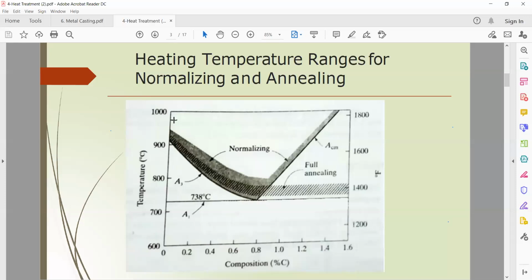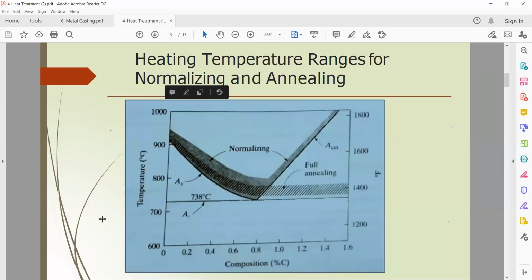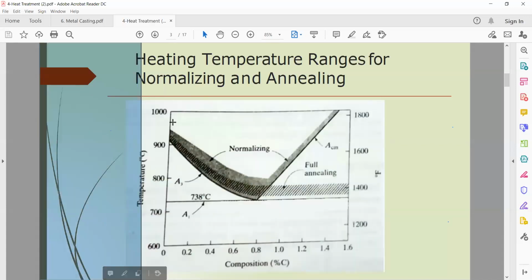But in the case of a hardening process, what you need to do is heat the metal to a high temperature, higher than the lower and upper critical temperature, right?